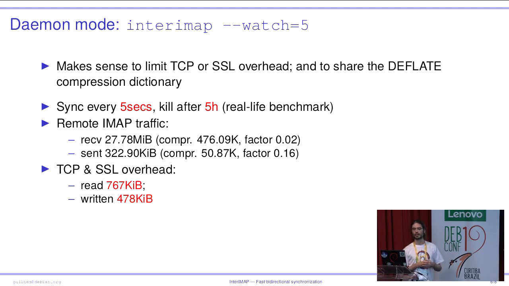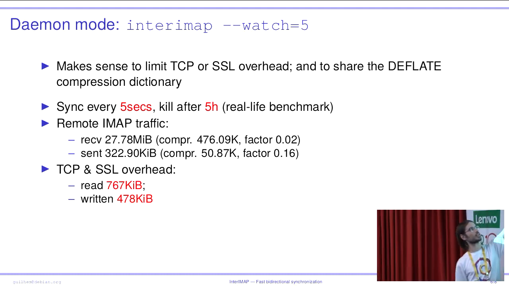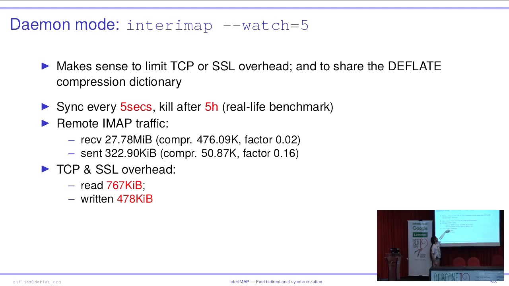So I synchronize every 5 seconds. I kill the process after 5 hours to measure the network traffic. And it was less than one-off synchronization with offline IMAP. So I received a bit less than 30 megabytes, which compresses very well.